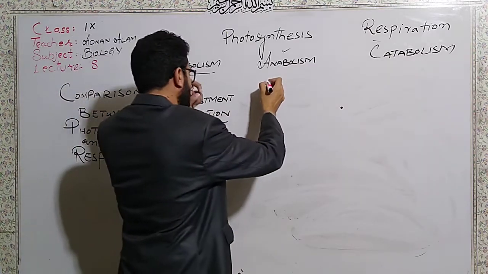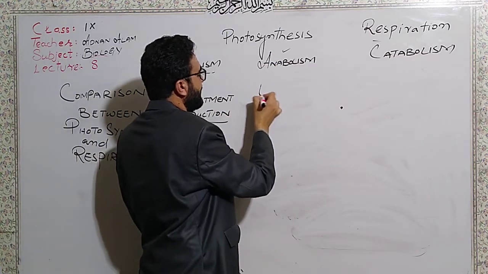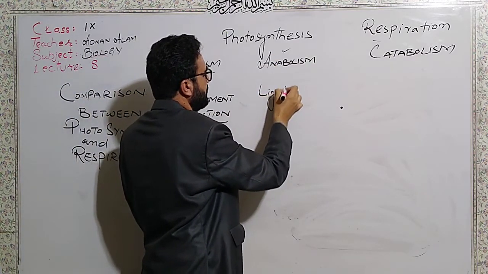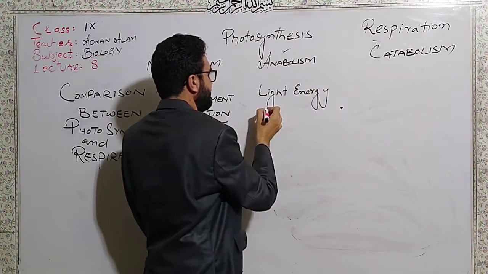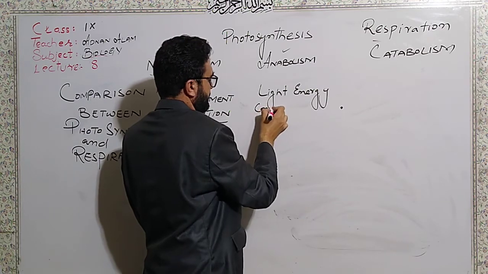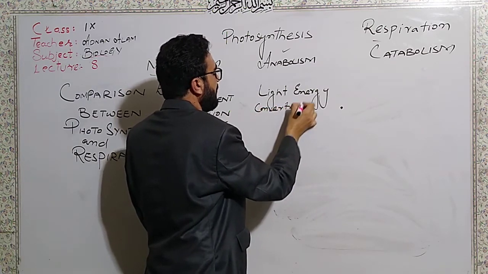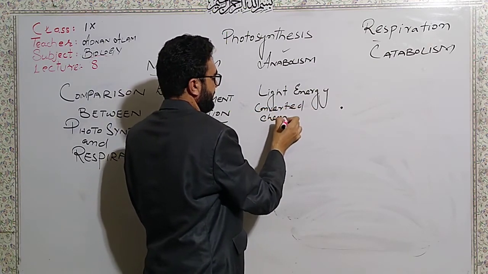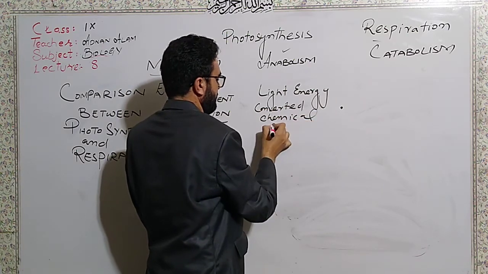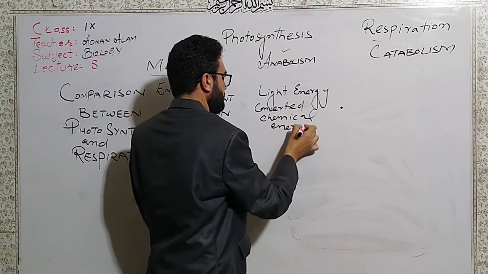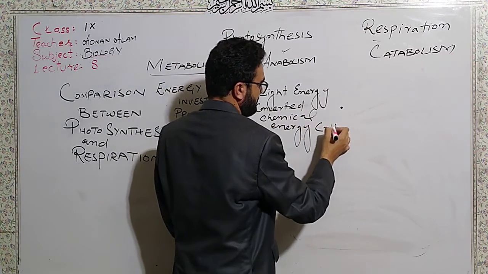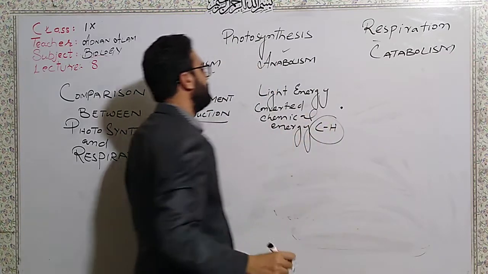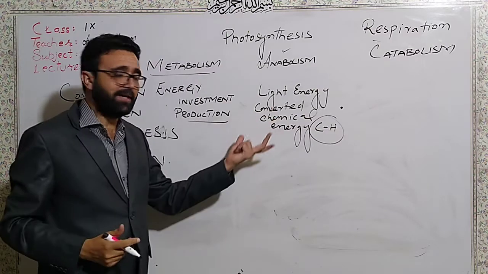So here in photosynthesis, the light energy is converted into chemical energy in the CH bond, because carbohydrates are formed.